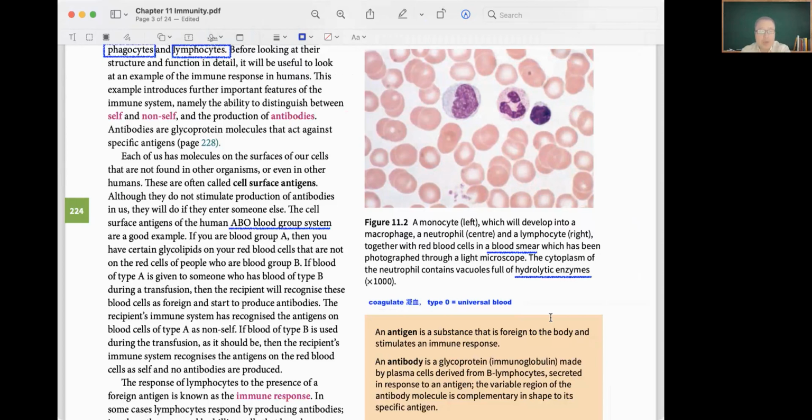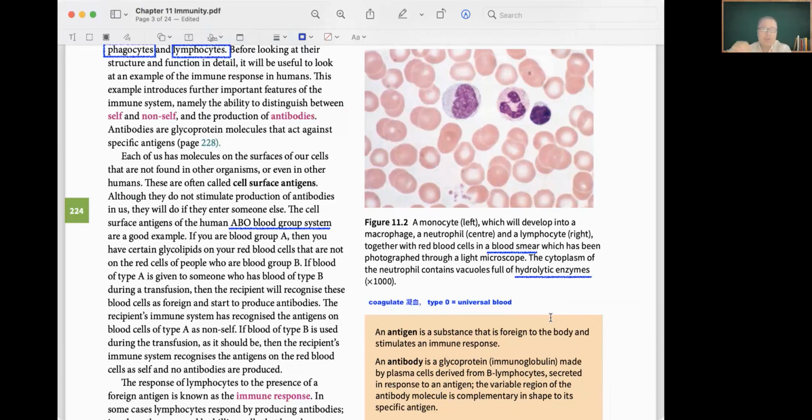Because there is no antigen or antibody, no type A antigen, type B antigen, type A antibody, or type B antibody, inside of the type O blood cell.